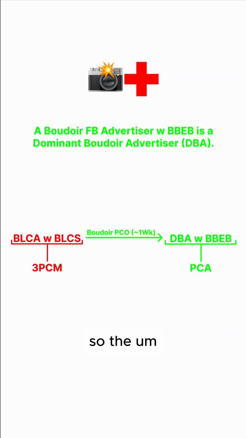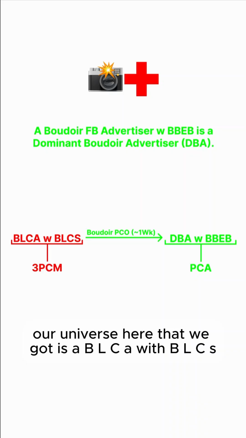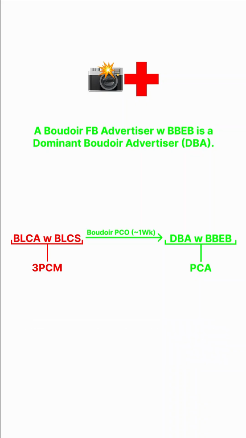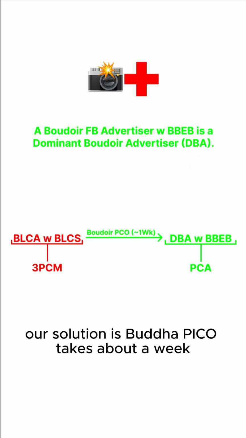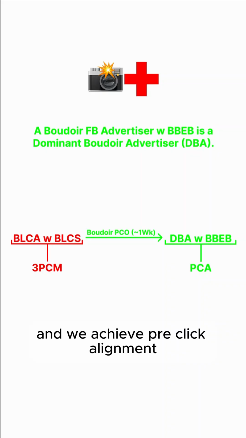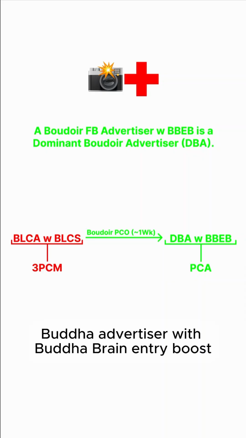So our universe is a BLCA with BLCS, caused by the 3 pre-click mistakes. Our solution is Boudoir Pico, takes about a week, and we achieve pre-click alignment, and we become a DBA, dominant Boudoir advertiser with Boudoir brain entry boost.